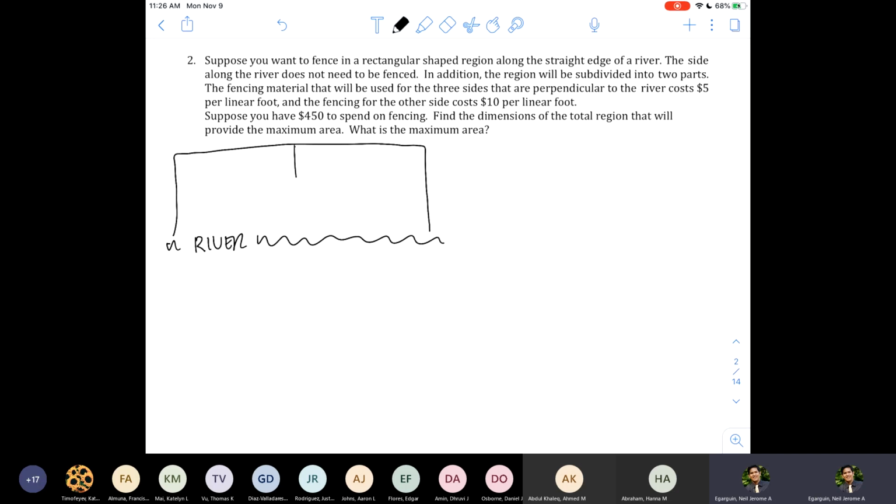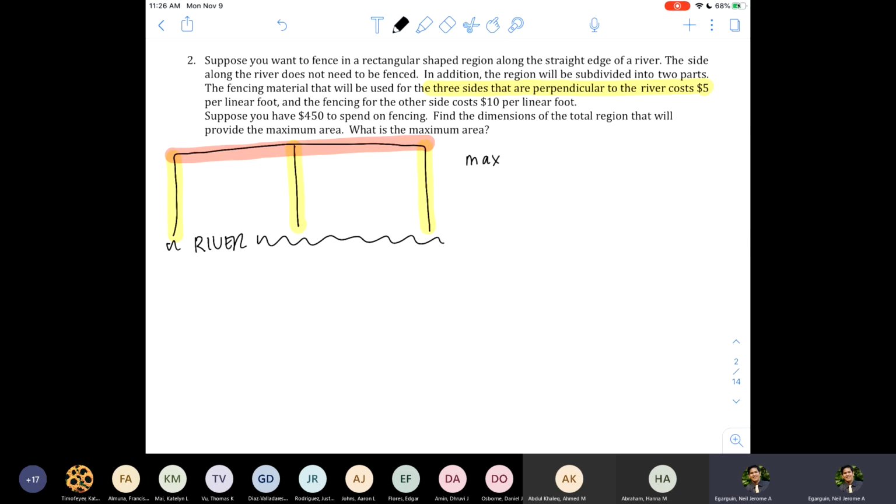So maybe I'll have here the other division. And the fencing material that will be used for the three sides that are perpendicular to the river costs $5 per linear foot. So the fence here, here, and here will cost $5 per foot. And the fencing on the other side costs $10 per linear foot.